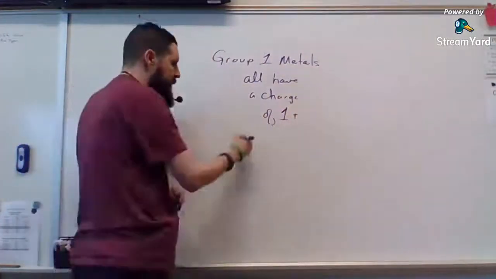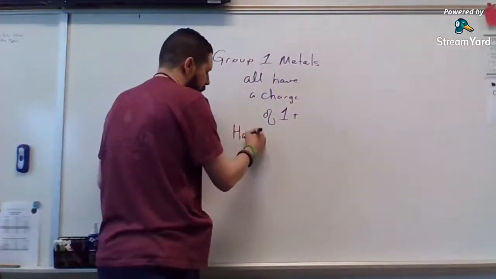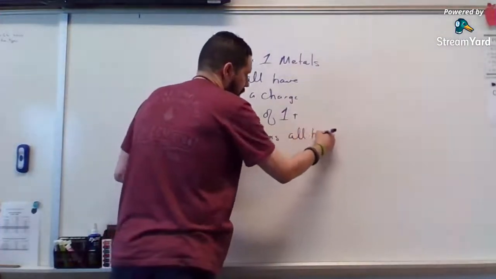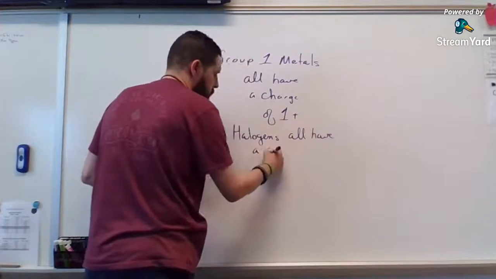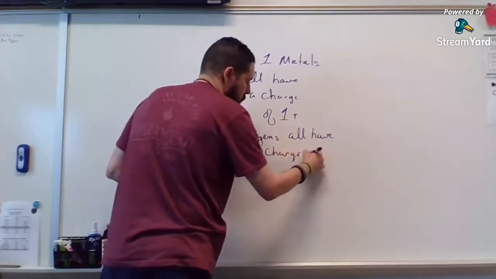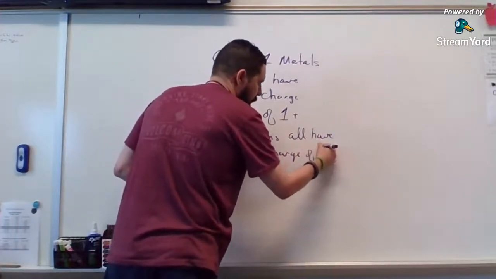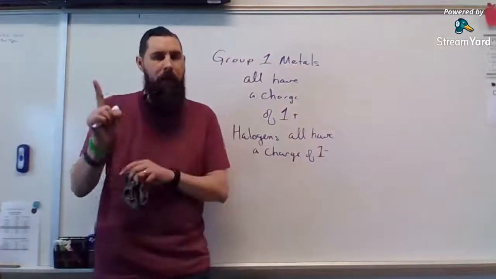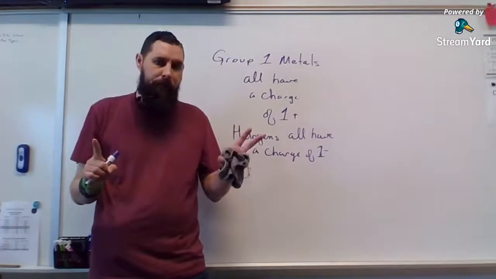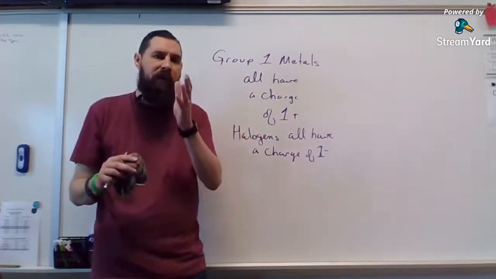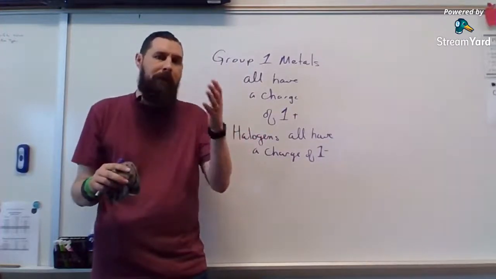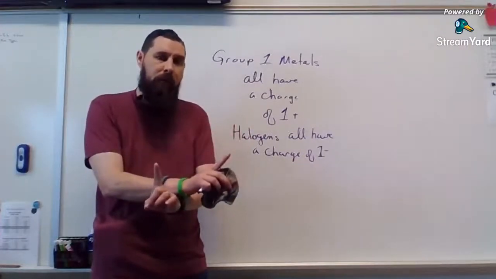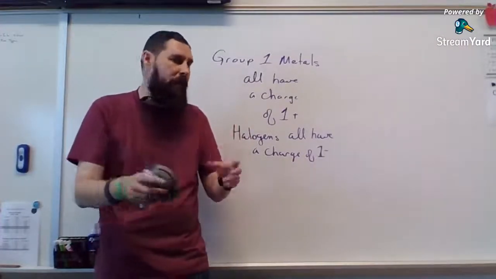My halogens, column 17, all have a charge of 1 negative, which means when I combine a group 1 metal with a halogen, the formula is always going to come out metal symbol, halogen symbol, because the ones will cross down. Okay, there's not going to be any reducing.